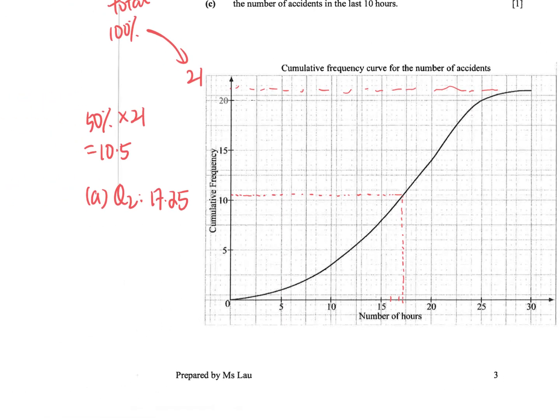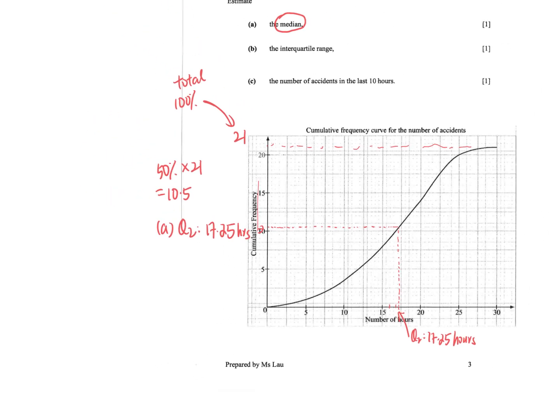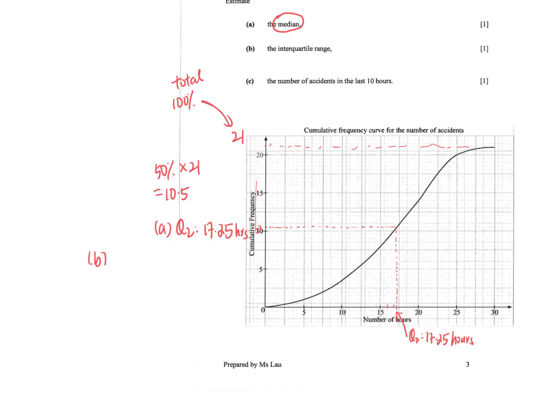So I get 17.25 hours. So that means around 50% of the accidents took about 17.25 hours, because I need to find where the middle value is. Yeah, median is 50%.